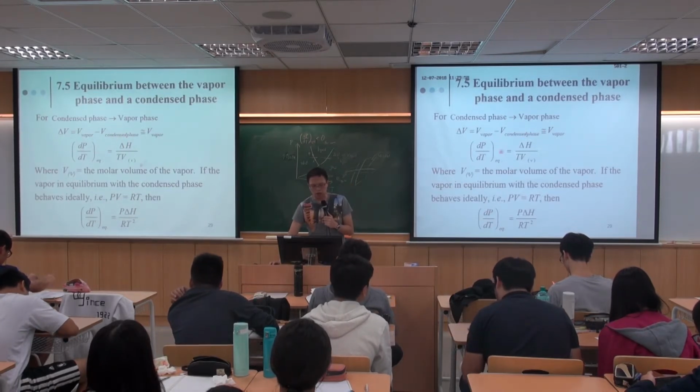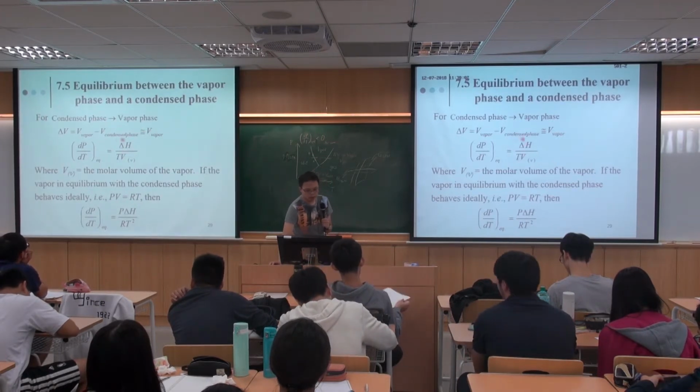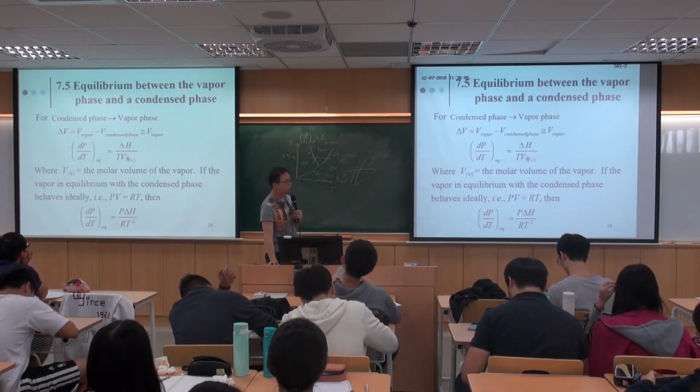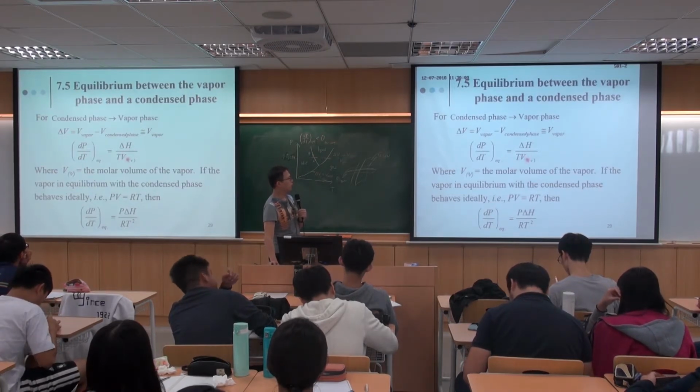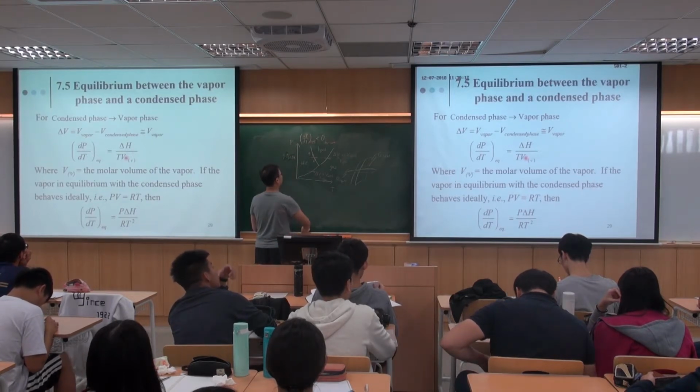So the Clapeyron equation again can be written as delta H over T times delta V, but in this case, because delta V is approximated as V vapor, it will become something like that.